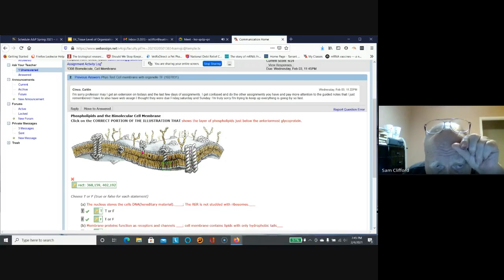All of these are phospholipids, and they have a hydrophilic head and hydrophobic tails. So all the tails congregate in a bilayer to get away from water, outside the cell and inside the cell. Please ask questions if it's not clear.